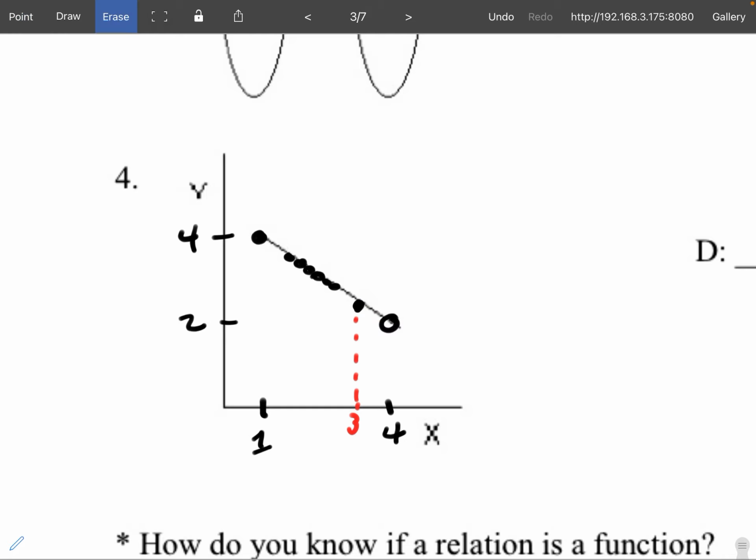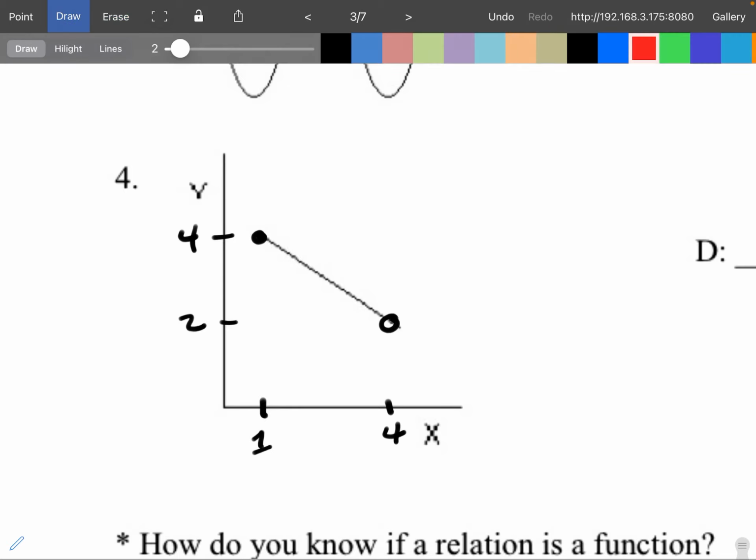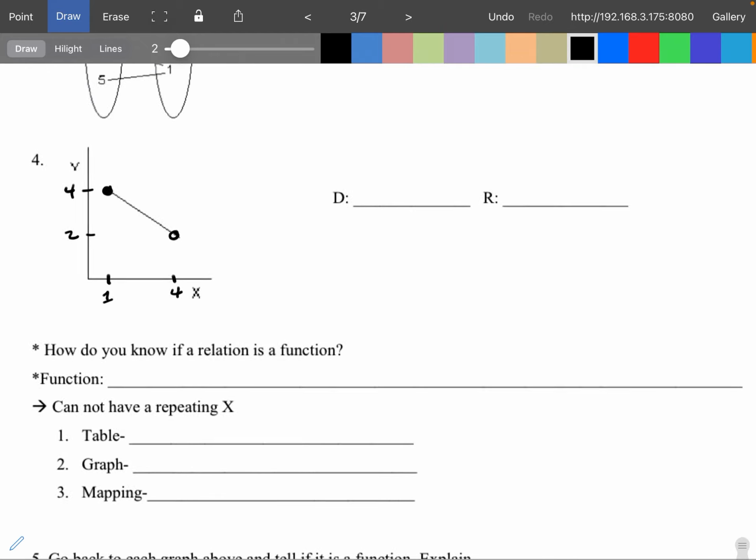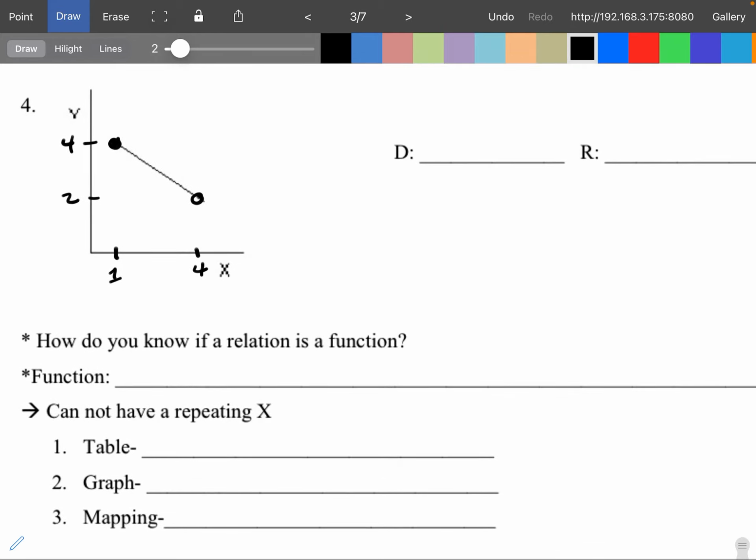You could just keep doing that forever, right? So there's a whole bunch of x values just right there. Do you see why you can't list them all then? You can't list the domain in a list form because there's infinitely many of them. So let's do it this way.